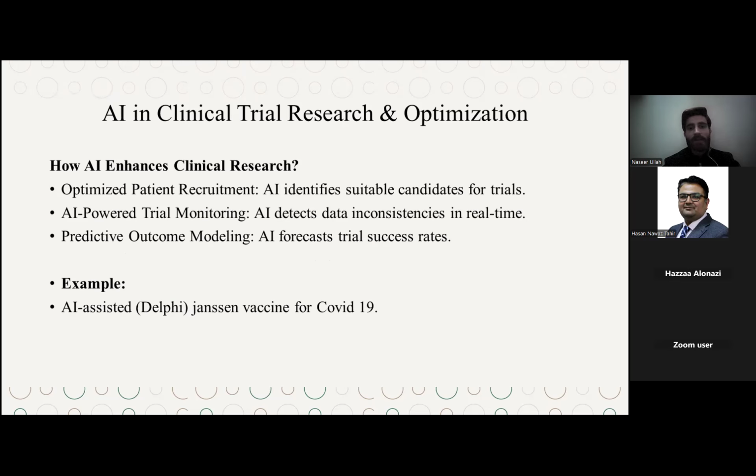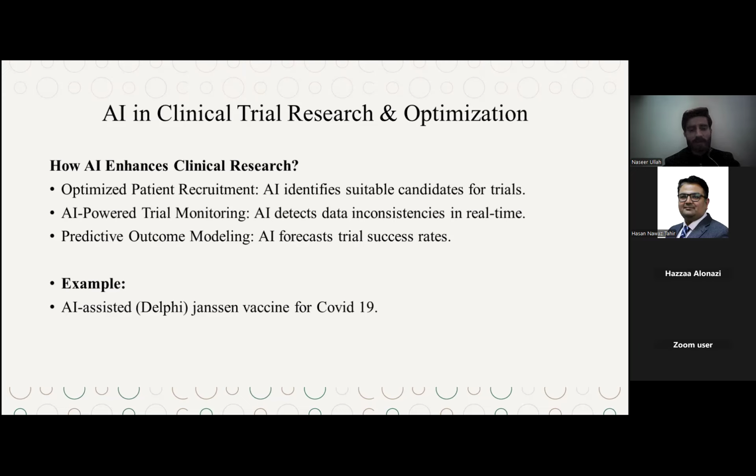AI in clinical trial research and optimization. Optimize patient recruitment, AI-powered trial monitoring, predictive outcome modeling. These three are enhanced by artificial intelligence in clinical trials. An example is the artificial intelligence assisted Janssen vaccine for COVID-19.